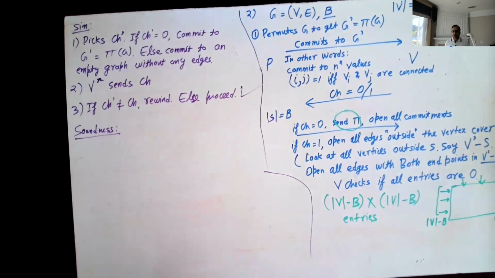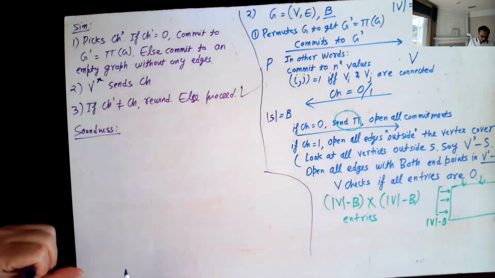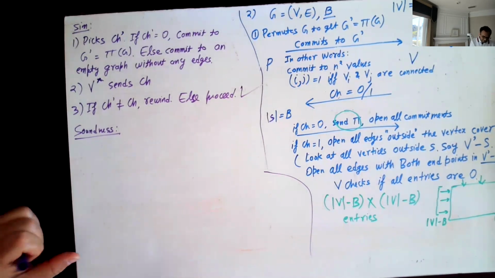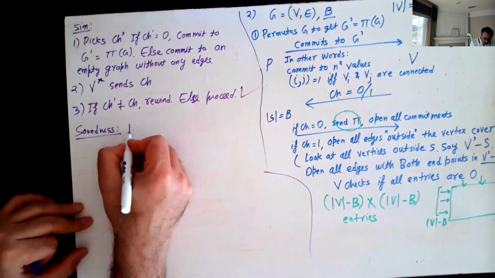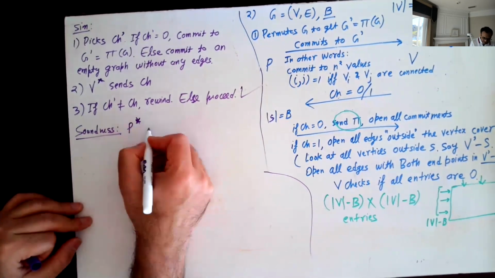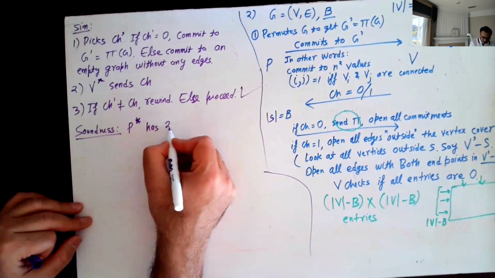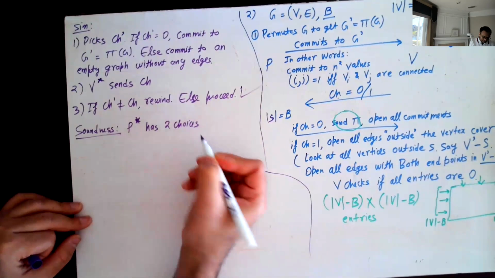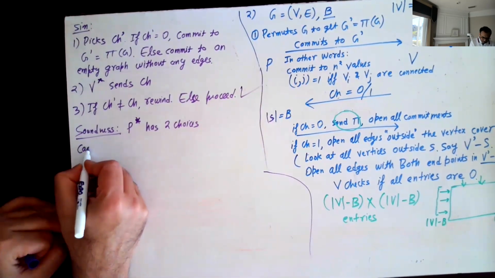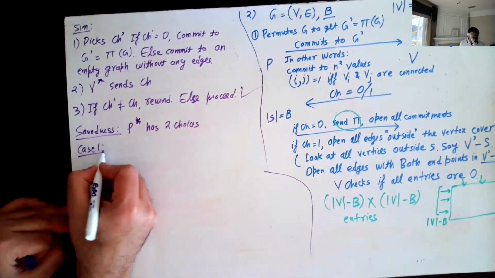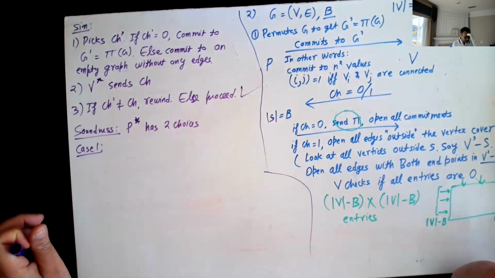So in soundness, we are assuming that the statement is false, which means that there is no vertex cover of size B. Okay. So now the dishonest prover P star has two choices. Case 1, and I'm doing it a little bit informally.